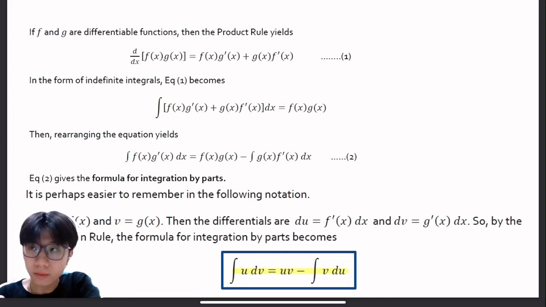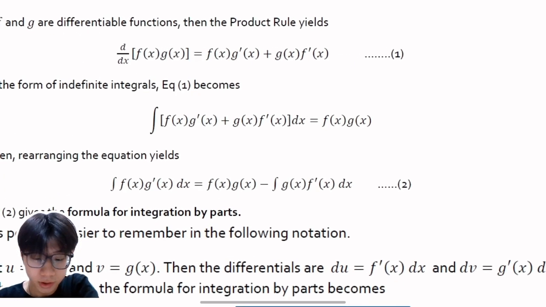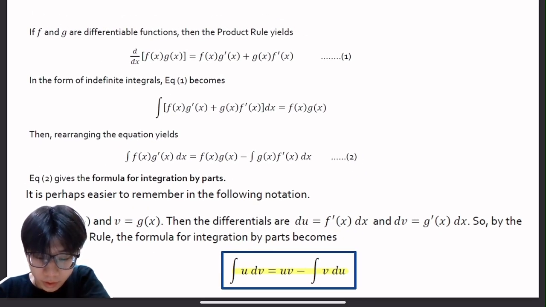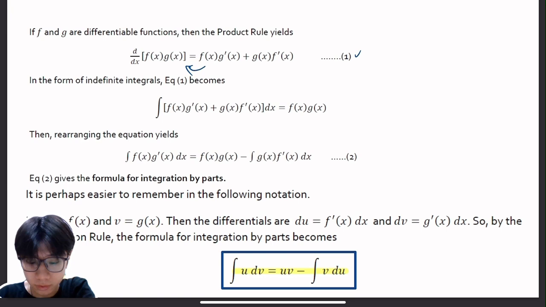Before learning integration, you will be learning differentiation, right? So, if you differentiate f(x)g(x), you will be getting f(x)g'(x) plus g(x)f'(x), which is the first equation. So by doing the reverse method, we call it integration.